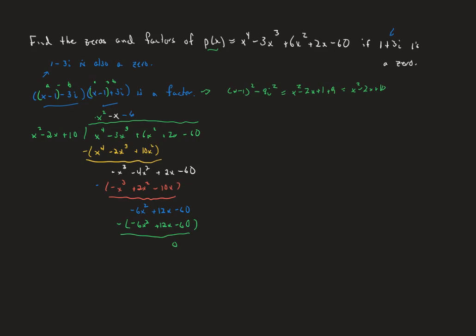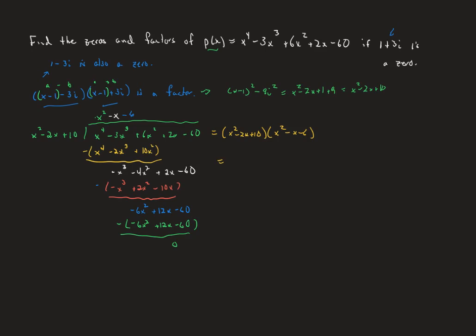So what we now have learned is that our polynomial, this x to the fourth minus 3x cubed and so on, can be factored into x squared minus 2x plus 10, that we divided by, and the quotient up above, which is x squared minus x minus 6. We can now factor this completely.